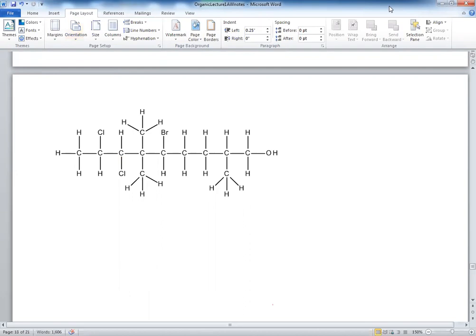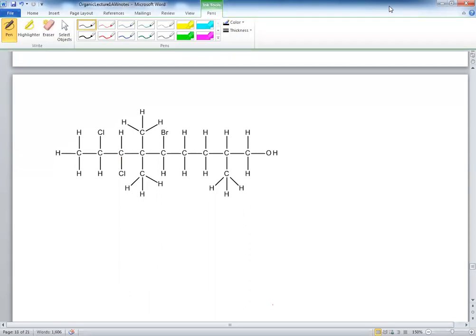Hold on a second. Okay, so we go this carbon and that carbon. There's 1, 2. This is carbon 1. That's carbon 2.